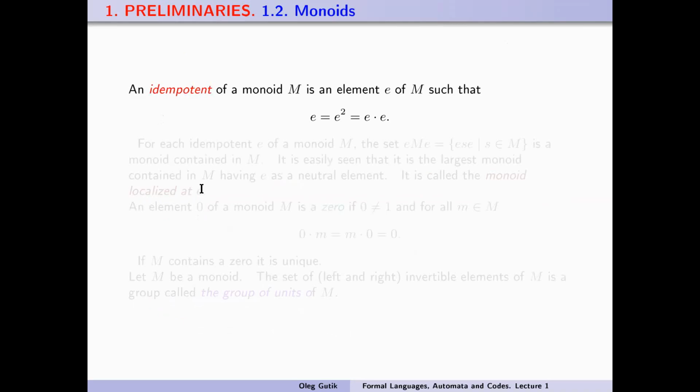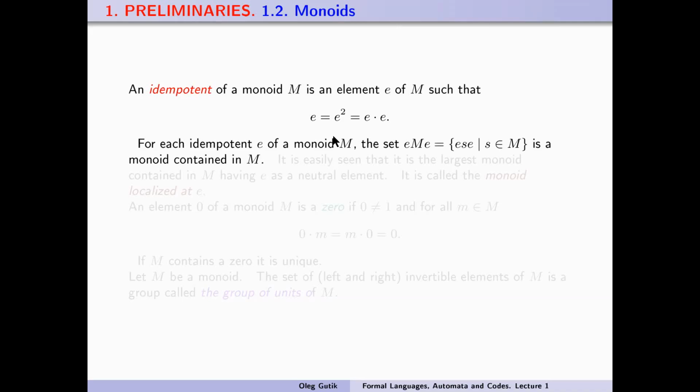So what is an idempotent of a semigroup or monoid? An element e of monoid M is called idempotent if e equals e squared, or equivalently e equals e multiplied by e.